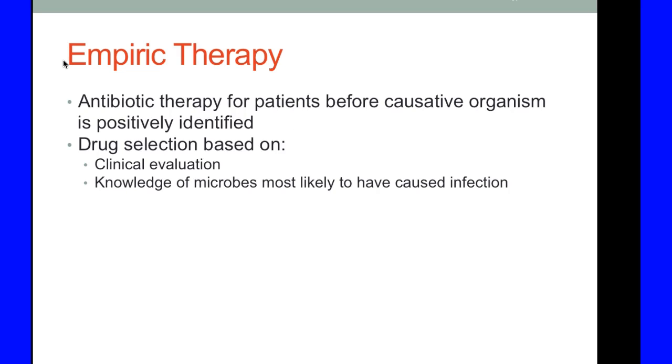So empiric therapy means, let's just say someone comes in and there's pneumonia identified on the chest x-ray, but you don't have a sputum sample, you're not really sure what you are treating exactly. So that's empiric therapy. You're giving it to patients before the causative organism's positively identified.